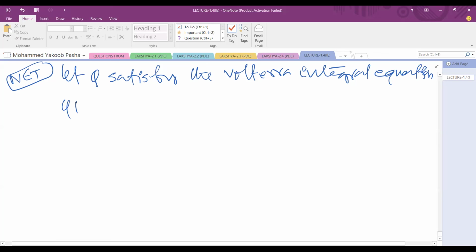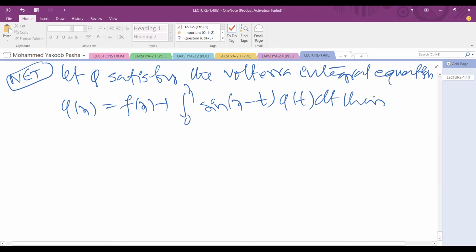Pi of x is equal to f of x plus integral 0 to x sin x minus t pi of t dt.